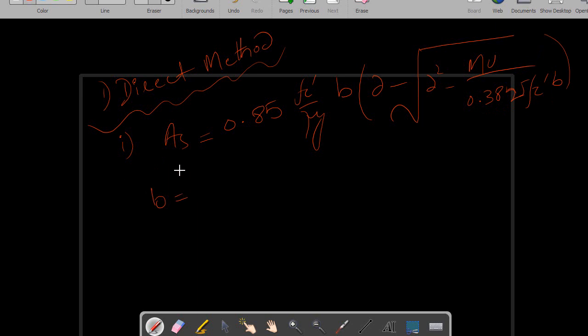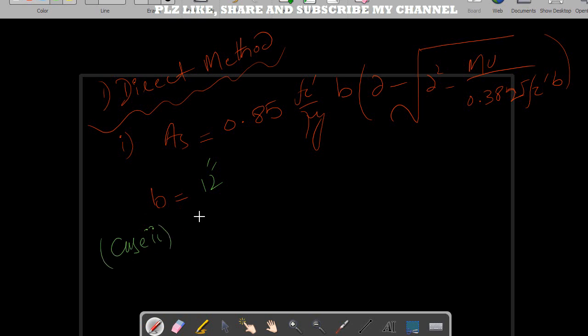We know the b value. The b value is 12 inches. We know the d value now. In case 2, let me write down this. In case 2, it is given to us to use h, the overall depth, equals 30 inches. So let's say we are assuming two layers of reinforcement.